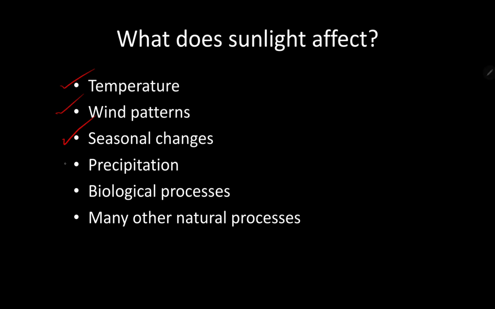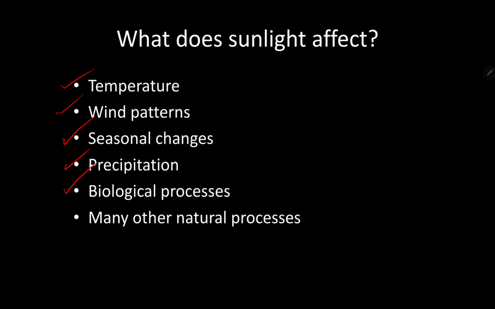Sunlight also affects the amount of precipitation that areas get. So if you remember transpiration, evaporation, these processes all contribute to the formation of precipitation either by rain or by snow, sometimes sleet, sometimes hail. Biological processes are also affected.